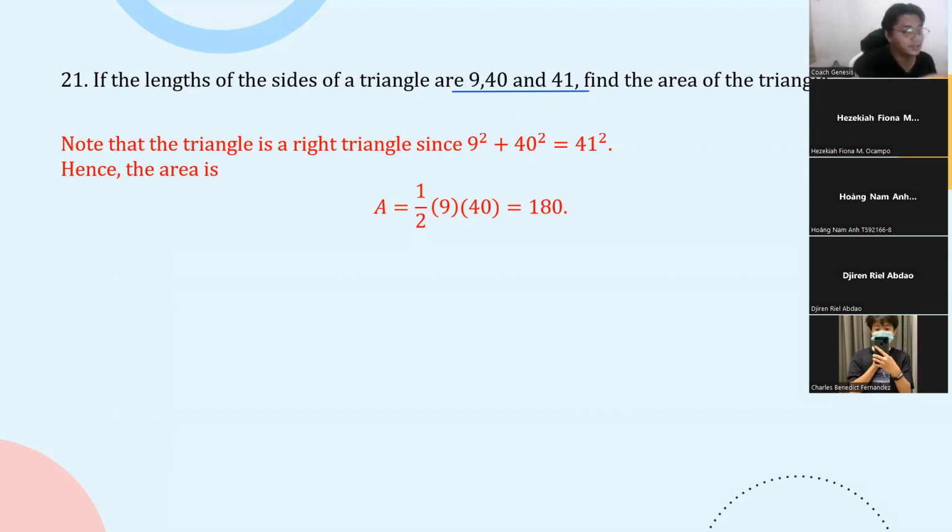Well, actually, you can also use Heron's formula. It will give you 180 still. But you have to go through the semi-perimeter and then the formula. So, okay, let's move on to number 22.